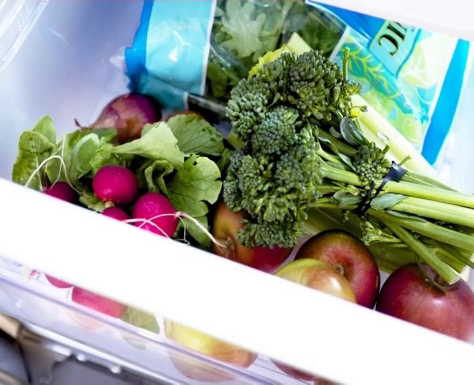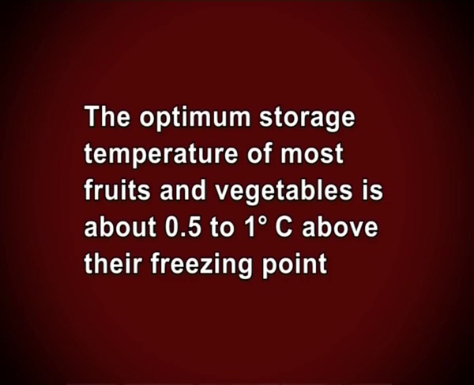The storage life of fruits and vegetables can be extended greatly by removing the field heat and cooling as soon after harvesting as possible. The optimum storage temperature of most fruits and vegetables is about 0.5 to 1 degree centigrade above their freezing point.